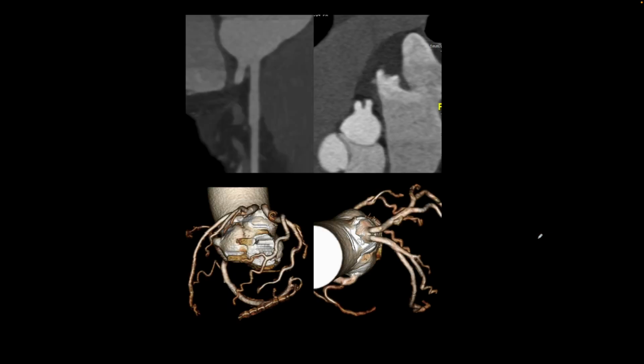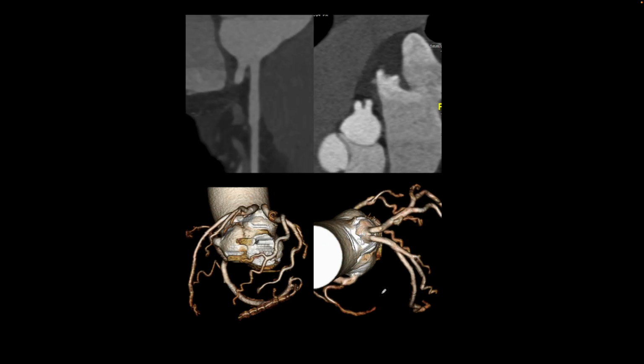Here is our next patient, and here I'm trying to show you a normal variant from a coronary CT angiography where we normally see the left main arising from the left aortic cusp and dividing into the LAD and the circumflex arteries. A lot of times we see trifurcation where there is LAD, circumflex, and the ramus intermedius arising from the left main.